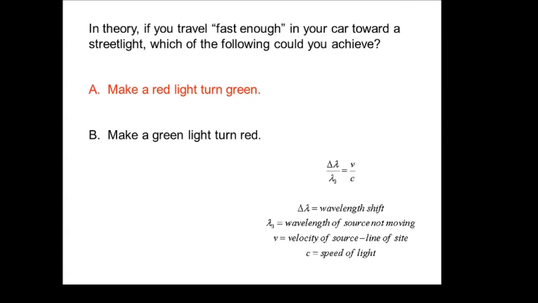Delta lambda is the difference between the two. The difference between these two numbers is 100. That's the delta lambda. The lambda naught, the rest wavelength, would be the red light, so 650 nanometers. Now that's equal to the velocity over the speed of light. This ratio here, 100 to 650, is very close to 1/6. That means you would have to be traveling at 1/6 the speed of light.